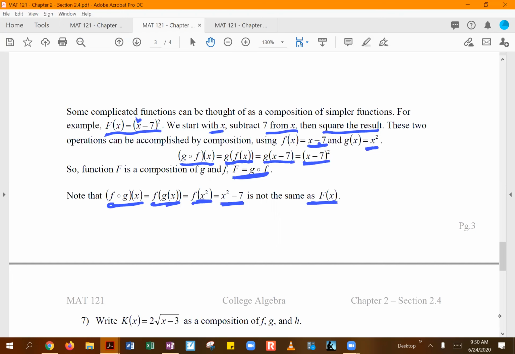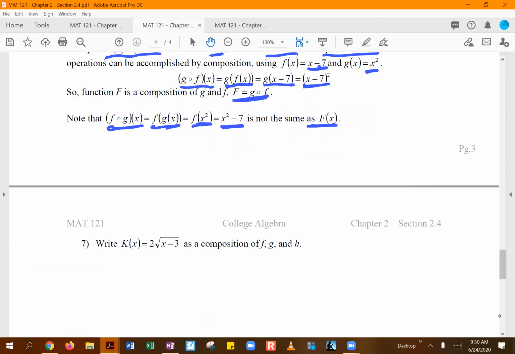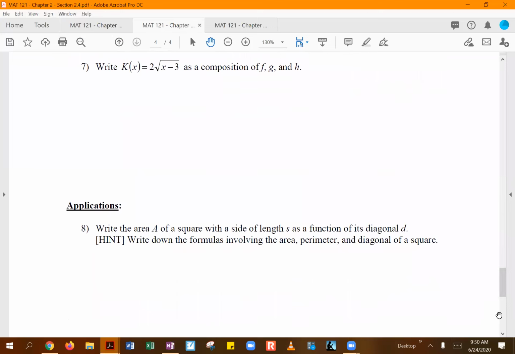So even after you define the simpler functions, if we don't do the composition correctly, we may still not come back to the original function that we started out with. So it's always a good idea to make sure you are checking in what order we would be doing our composition to break down a complicated function.